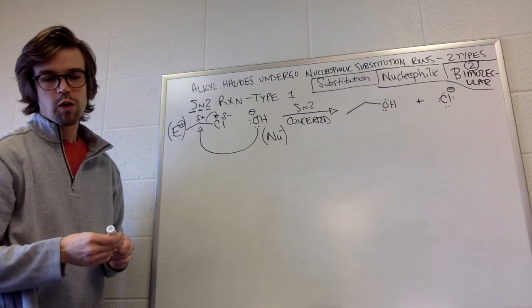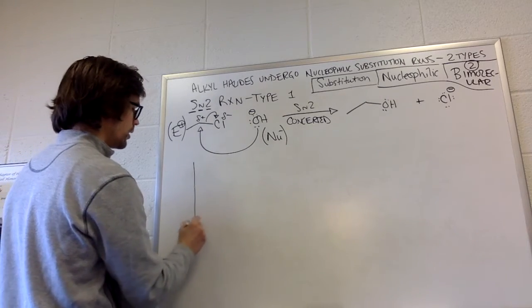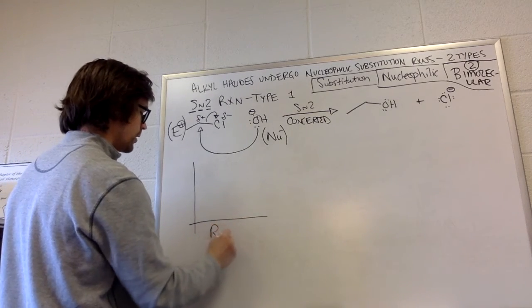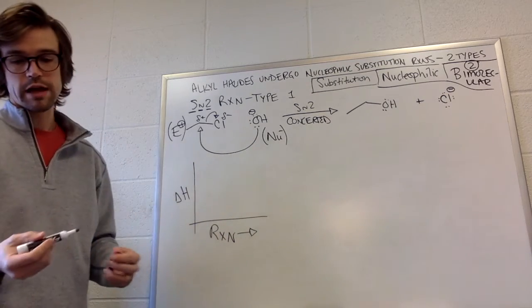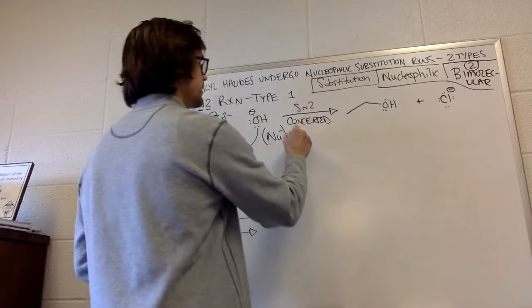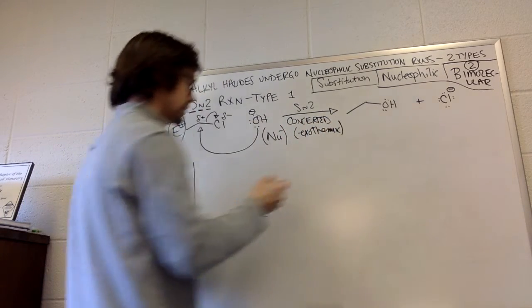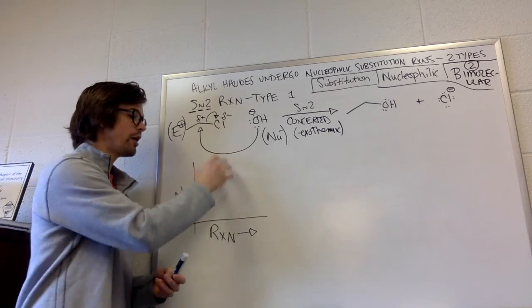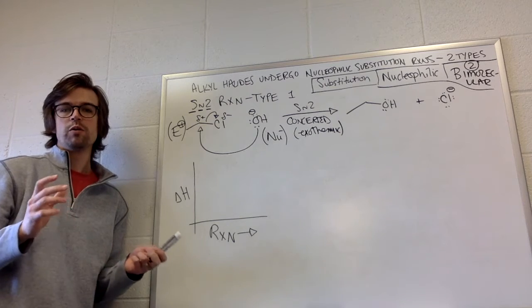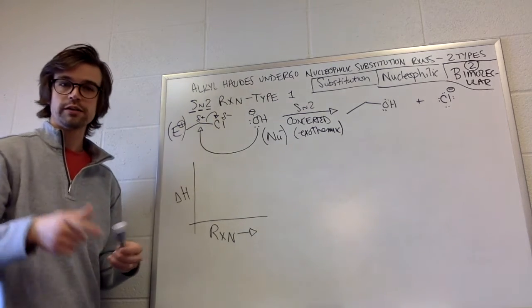So what would a reaction coordinate diagram look like? Let's do a reaction coordinate diagram. I'm going to tell you that this reaction is exothermic. So take a minute to pause the video again and draw yourself a reaction coordinate diagram. What would you expect this to look like? Okay, so you've done that.